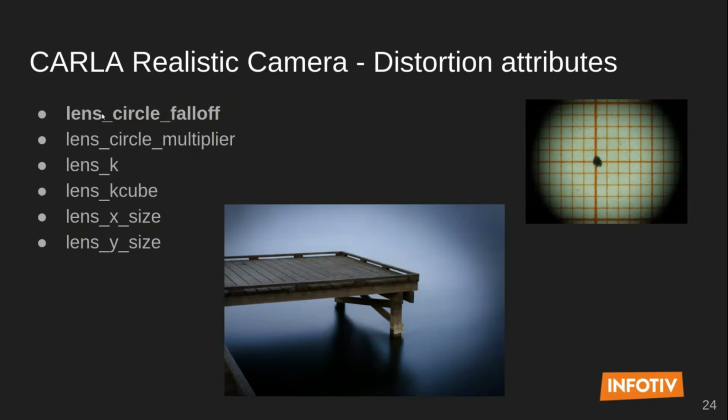Like old cameras, if you remember, they were somehow black in the corners. There was some blackness in the corner. You can describe them. You can set some parameters and make these kinds of filters or this type of distortion possible.